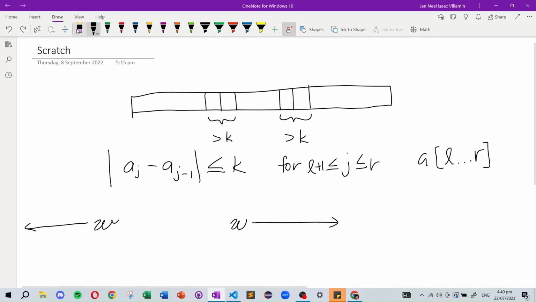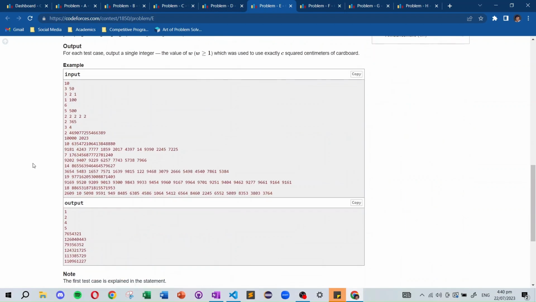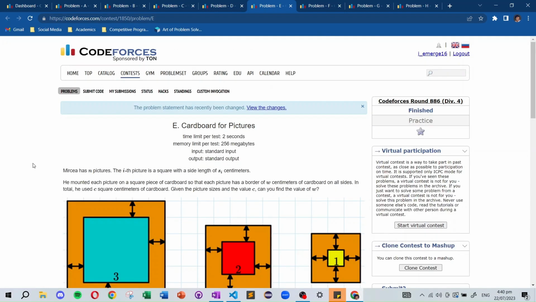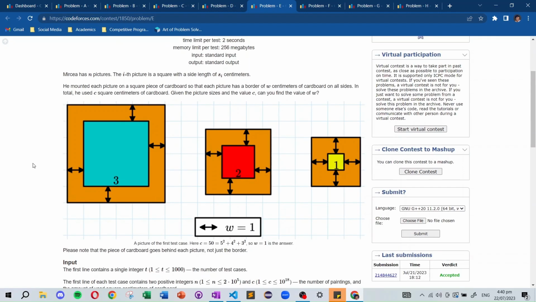And that means that we can use binary search. And there's only one value of W, I think, that could work. So that also makes sense. Okay, so that's the idea for binary search.